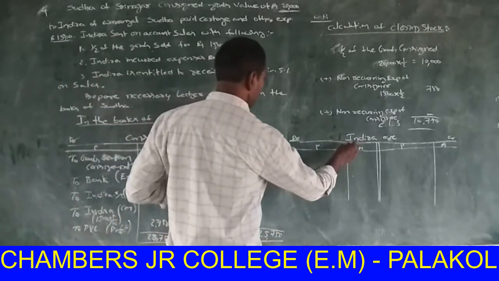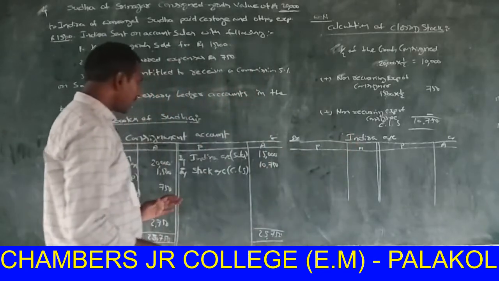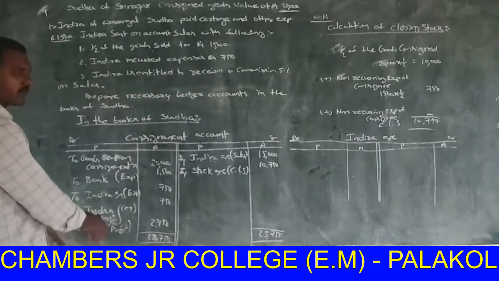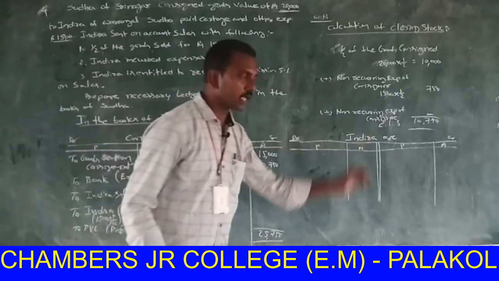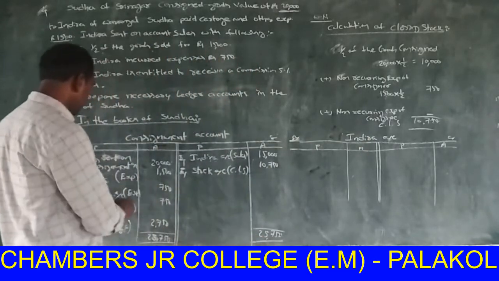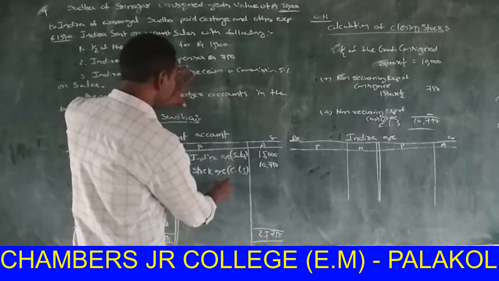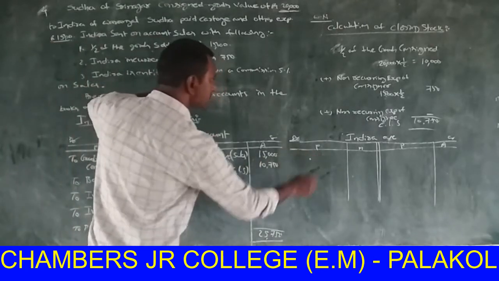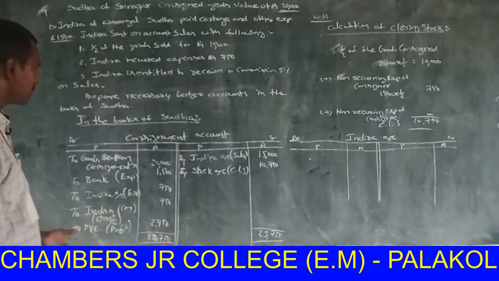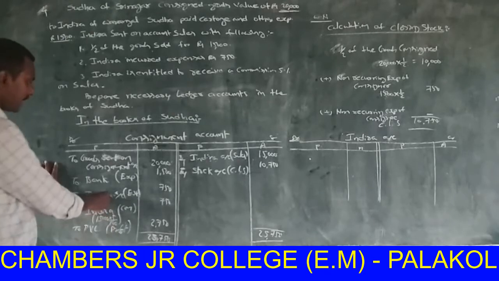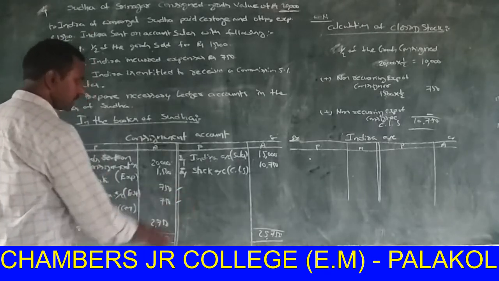Now you are required to prepare Indira account. Whatever is on the debit side of the consignment account is transferred to the credit side of Indira account, and whatever is on the credit side is transferred to the debit side of Indira account. Now Indira appears on the debit side. Here expenditure 750 and also commission 750.